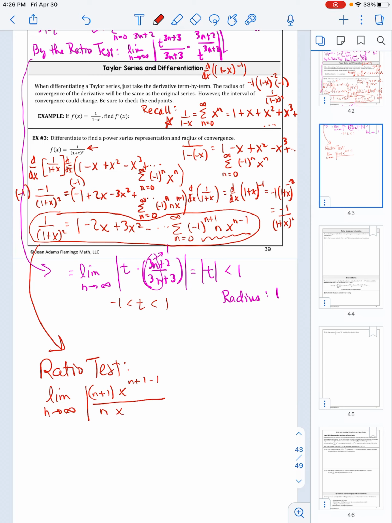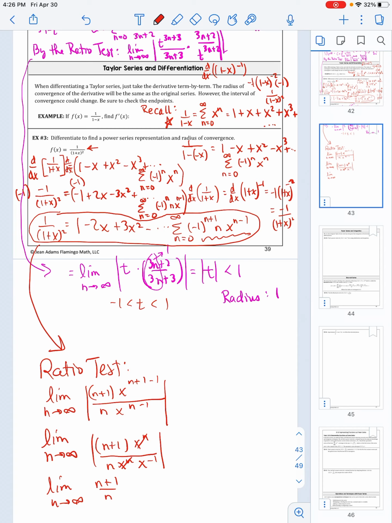And so we're going to say n plus 1 times x to the n plus 1 minus 1. And then we're going to divide by n x to the n minus 1. Limit as n goes to infinity. And this one's going to be n plus 1 x to the n over n x to the n x to the negative 1.